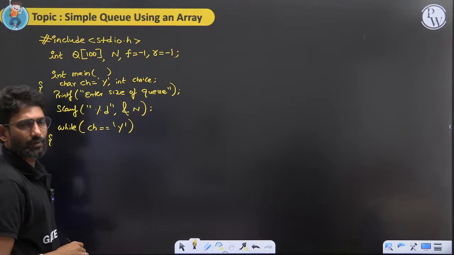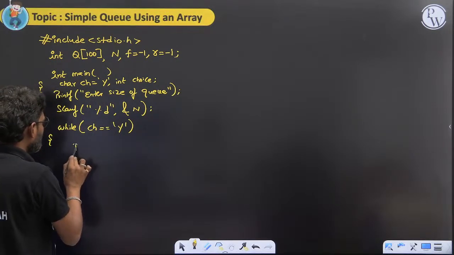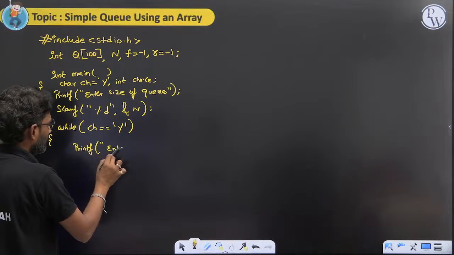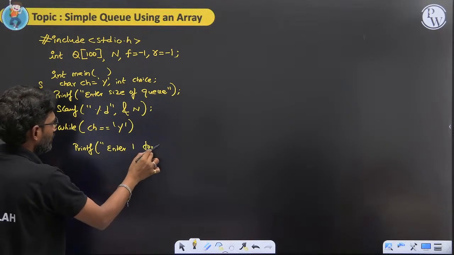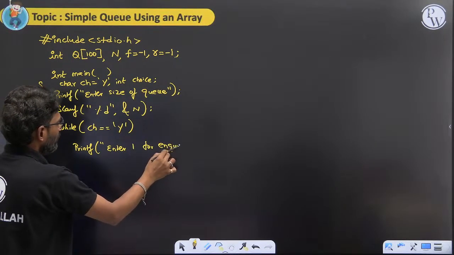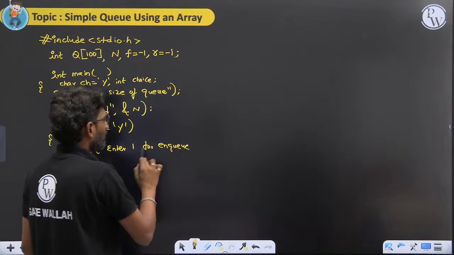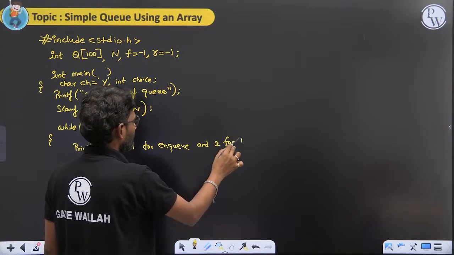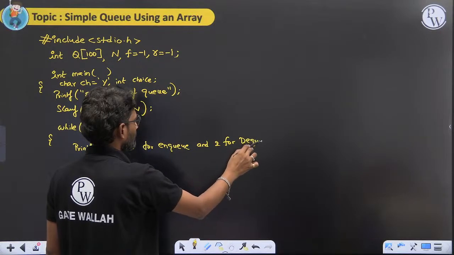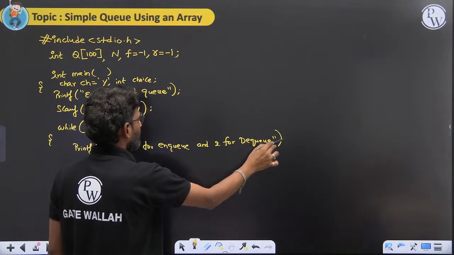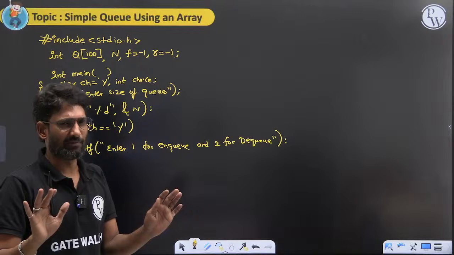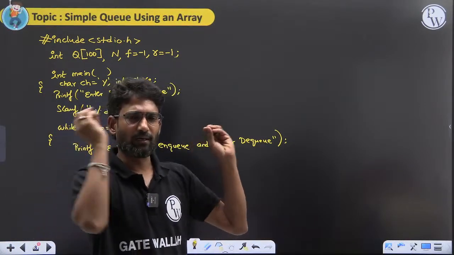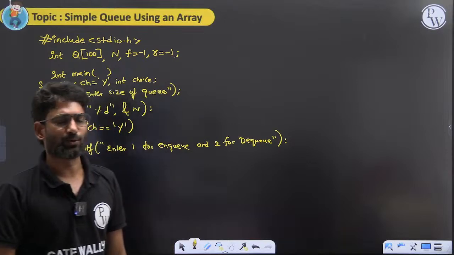Now, I will ask what you want to perform. Enter 1 for enqueue and 2 for dequeue. I am writing in a simple way. No sophistication I am applying, no techniques I am applying to write the code.